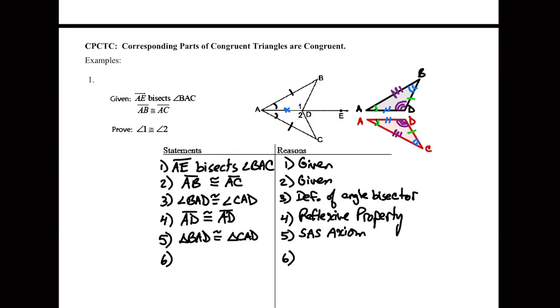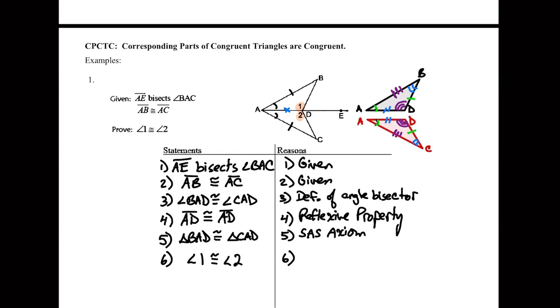All right, but along the way, hopefully you recognize that now we can say that angle 1 and angle 2 are congruent to one another, because those are the corresponding parts of the figure. These two angles occupy the same position within the different triangles. All right, so they labeled it angle 1 and angle 2.